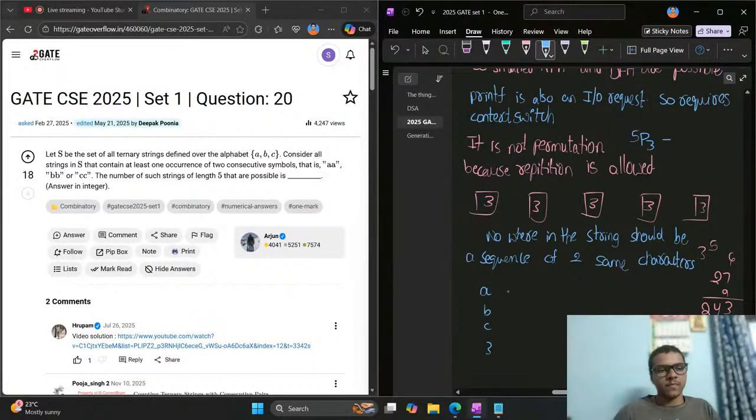Now here you can only choose either B or C. Here you can choose only A or C. Here you can only choose A or B. Similarly, if you chose B here, you can choose only A or C here. Or if you chose C here, you can only choose A or B here.